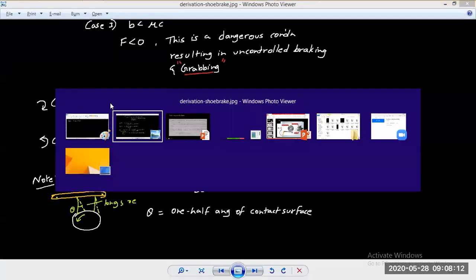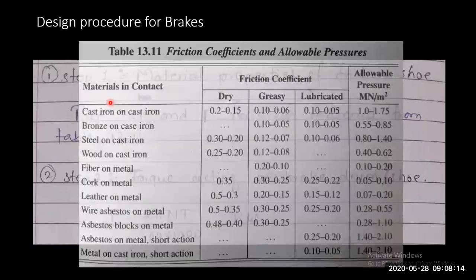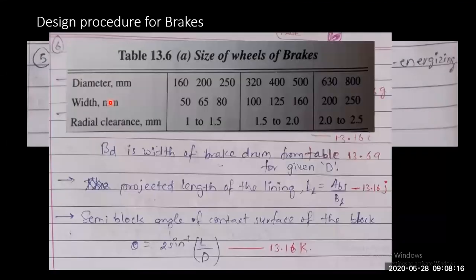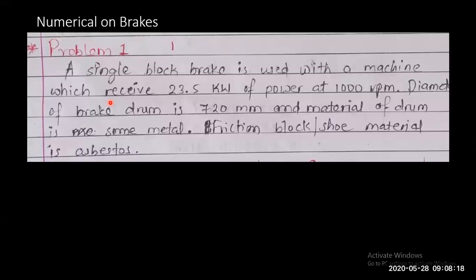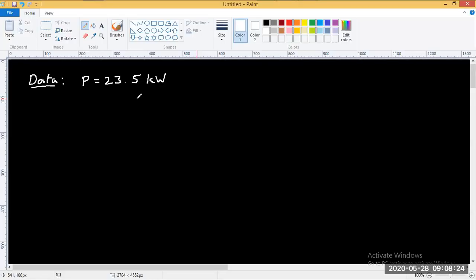Then I'll go back to the question here, at 1000 rpm. So N is 1000 and diameter is 720 mm. Let's note that down. N is our rpm, which is 1000 rpm, and given also is the diameter D of the brake drum, which comes to 720 mm.